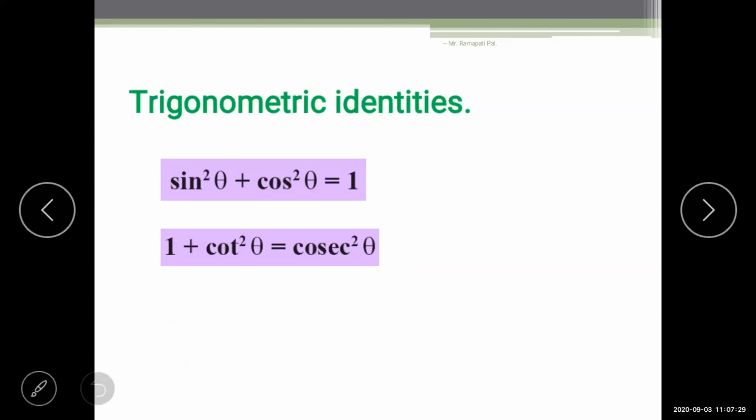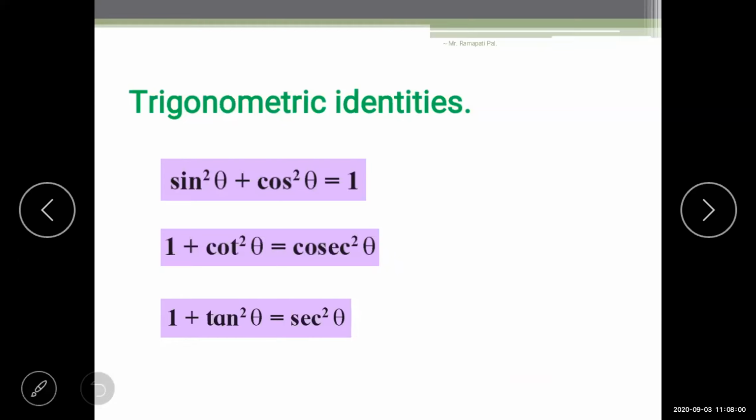Now let's see third identity, that is 1 plus tan square theta is equal to sec square theta. Is it clear? 1 plus tan square theta is equal to sec square theta. Now what are the other two identities which will form from this? Yes, that is sec square theta minus tan square theta is equal to 1.